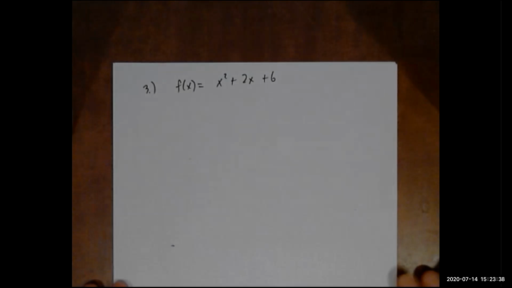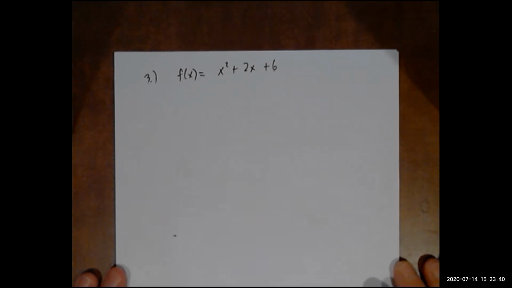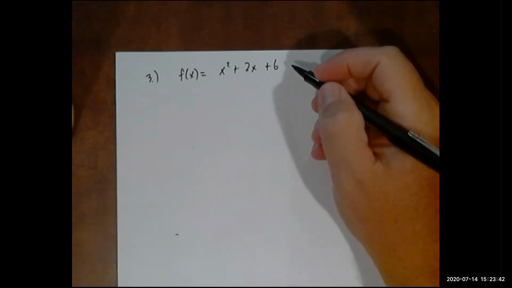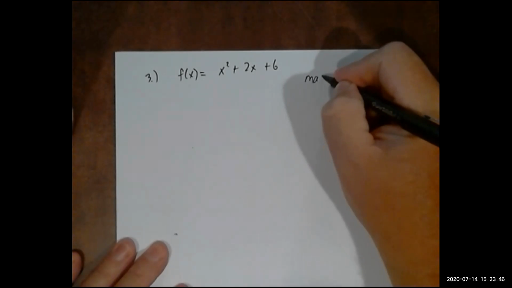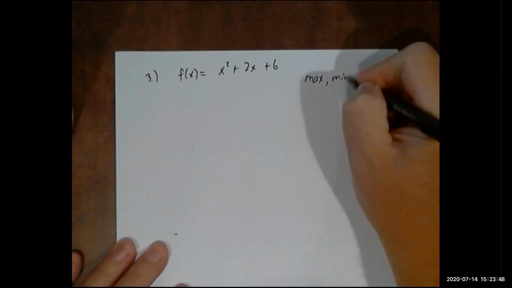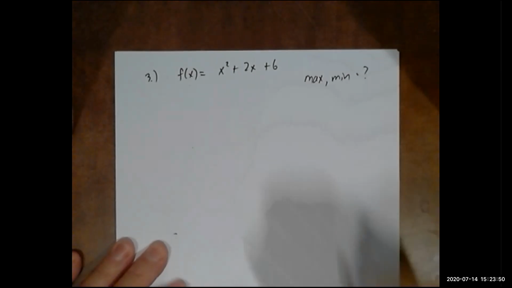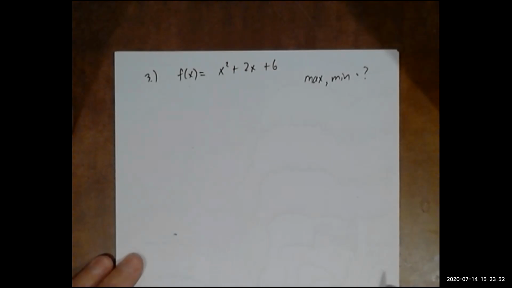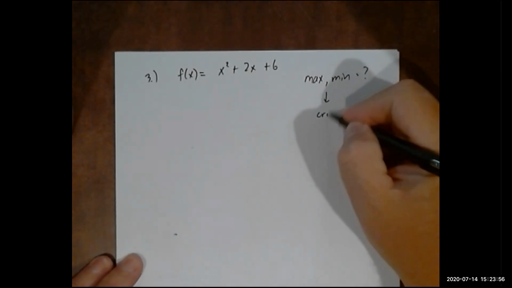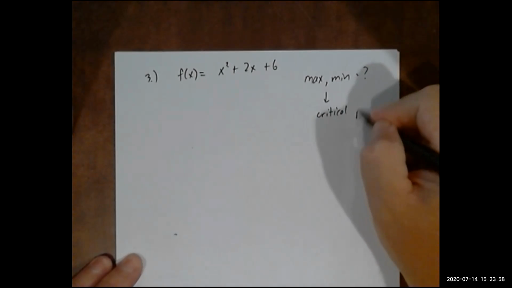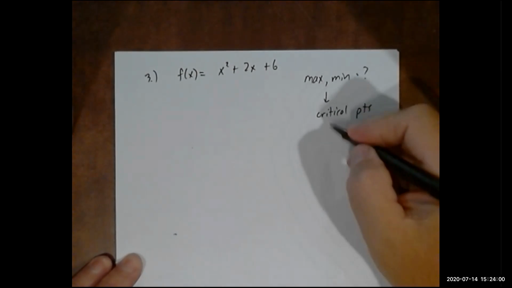All right, so here's what we have. When they say relative extreme, I usually think of find the maxes and mins. Now the whole key, these are also called critical points.